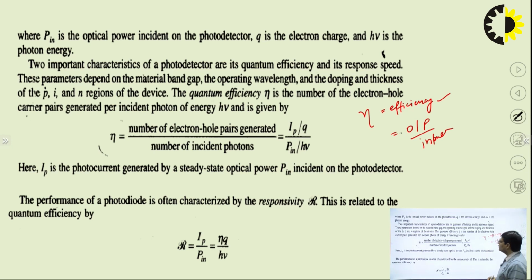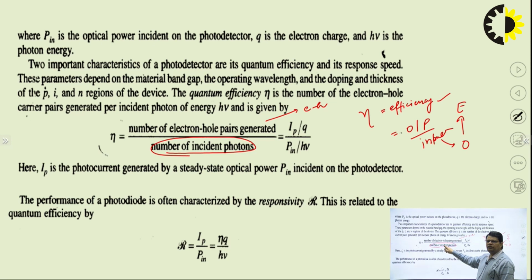So in this case, output is photocarriers generated, electron hole pairs, and input is the number of incident photons, because photodiodes convert the optical power into the corresponding electrical signal. So input will be the number of incident photons and output will be the number of electron hole pairs generated. So how can we calculate this?